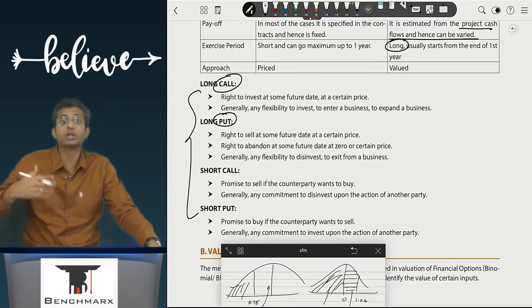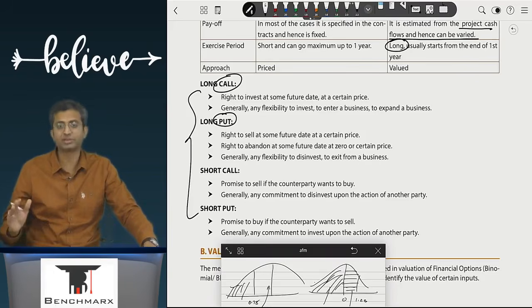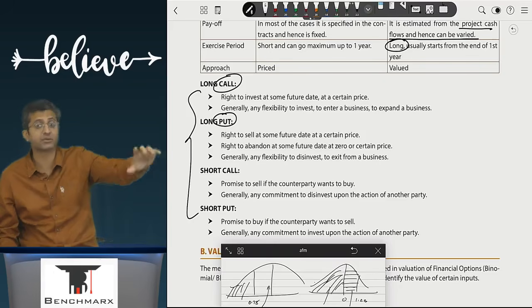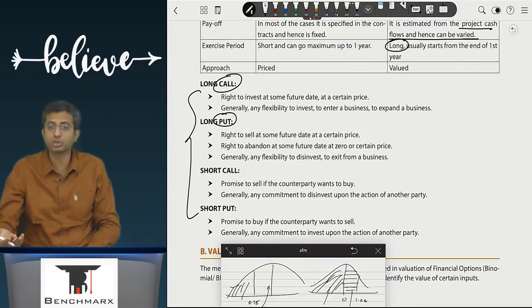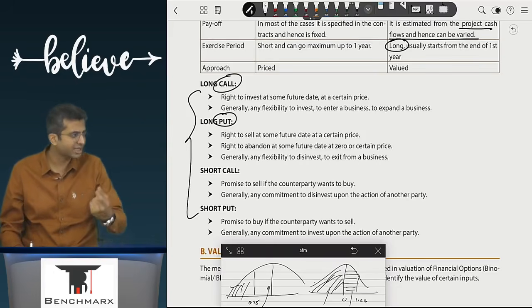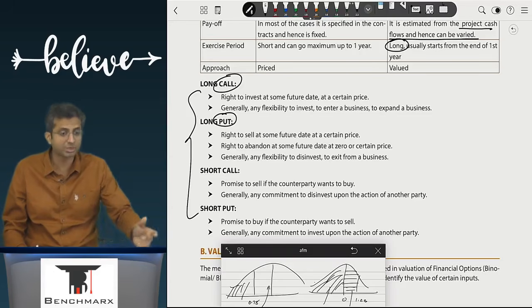The right to enter into a project at a later date, or the right to exit from a project at a later date. Like in that solar power plant, if I have a right to enter into a project after 1 year, then I can wait for 1 year, see the government regulations and enter into the project then. Or if I have a right to exit the project, then if I get 30% or 40% less, I can exit the project and get 80 rupees.